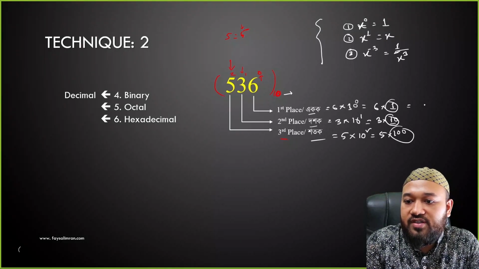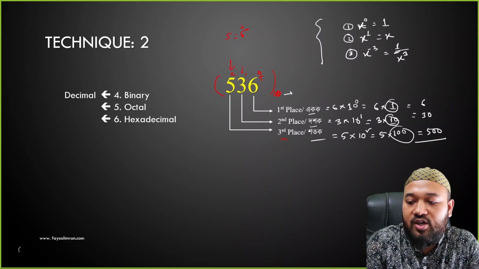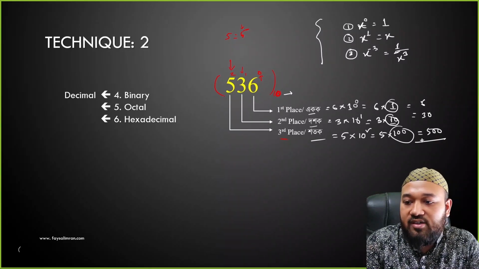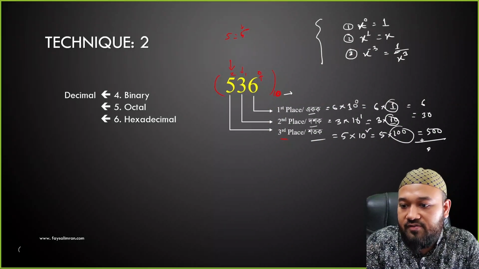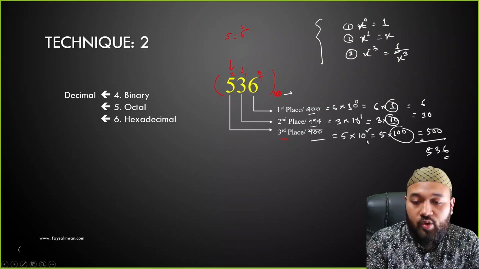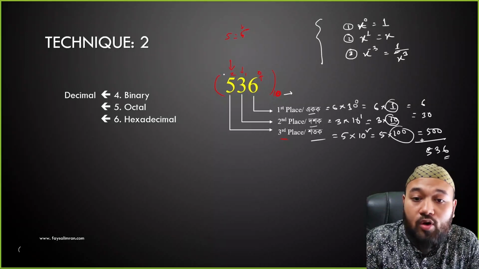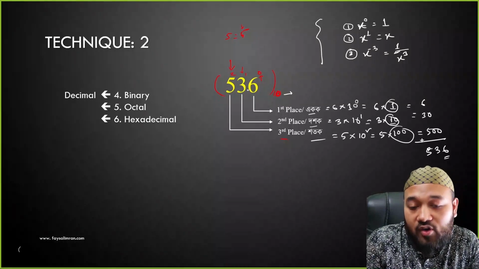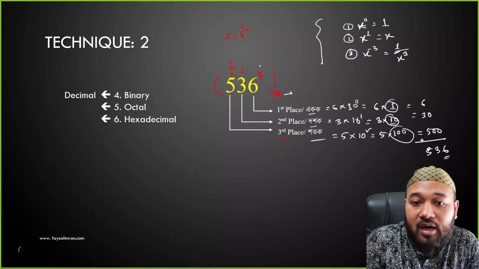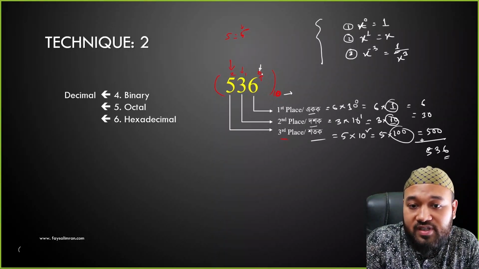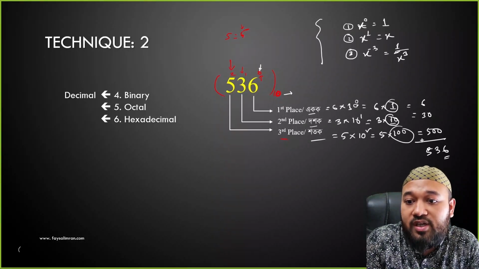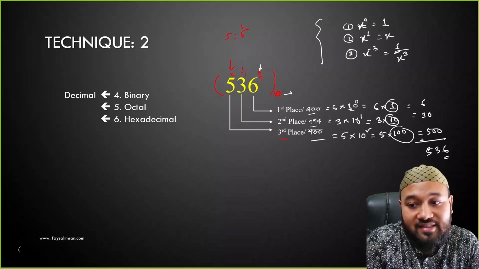So 6 times 1 is equal to 6, 3 times 10 is equal to 30 and 5 times 100 is equal to 500. If we add all of them, the result is 536. That means the one thing we have to remember all the time is that every digit contains a power. That means this is actually not a power, this is actually a position which represents the place.